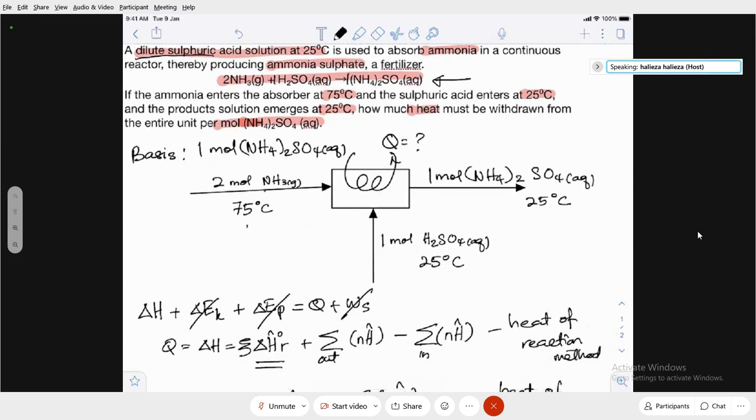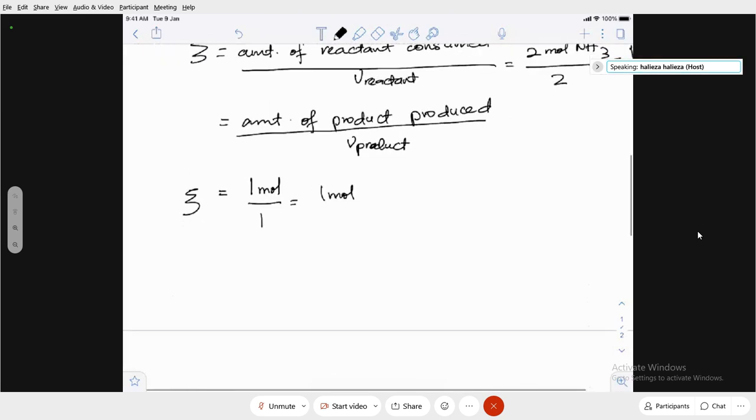You need to find the enthalpy here, enthalpy there, and enthalpy 3. So before you can proceed, you need to state your reference state. Whenever you have a heat of reaction, you can use a different temperature, but then you just make it longer because you need the hypothetical path in order to get it at a different temperature.